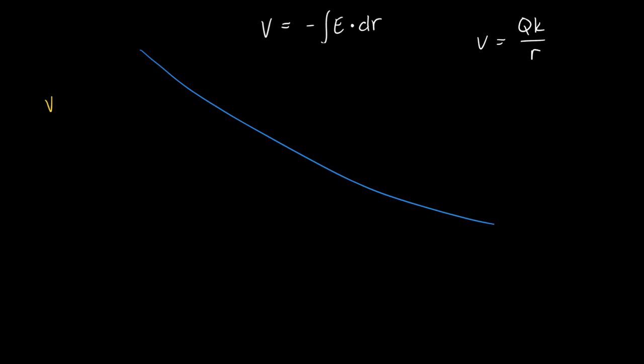First math I want to do is this. Take away the integral sign and leave this as dV. I'm going to divide both sides by dr and ignore the fact that that's a dot product. And I'm going to put the negative on the other side.